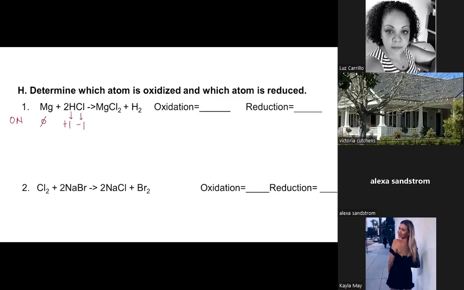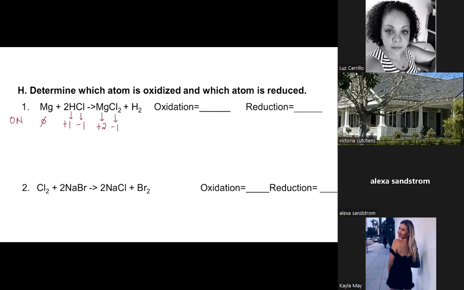Then let's move on to the products. In the products, we have another ionic compound, okay? So the magnesium oxidation number is going to be +2. The chlorine is going to be -1.